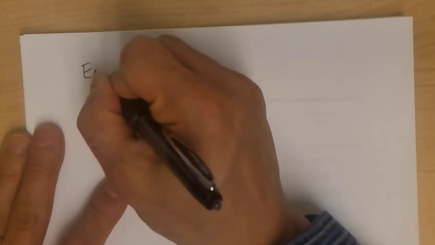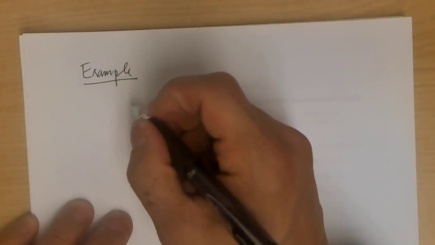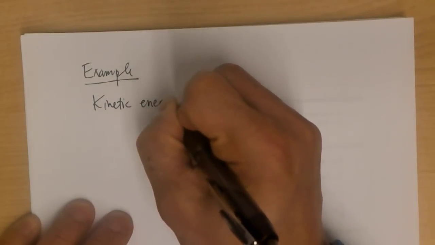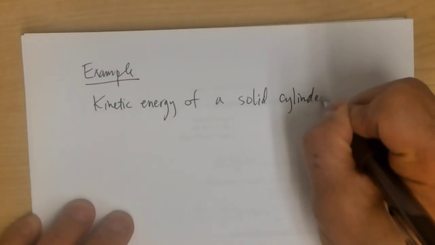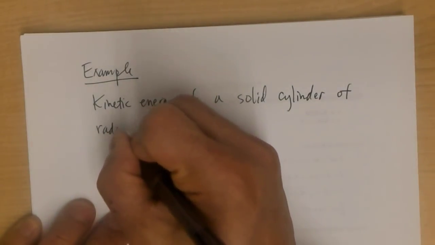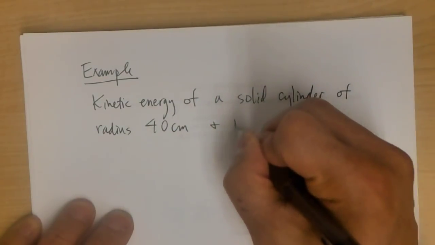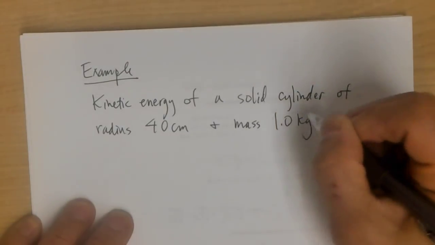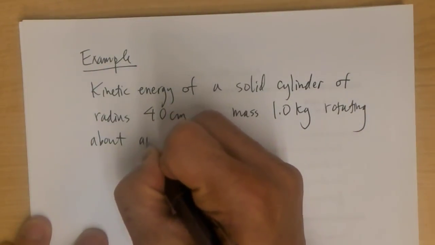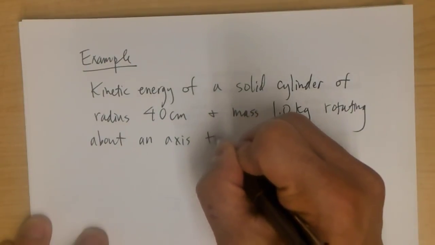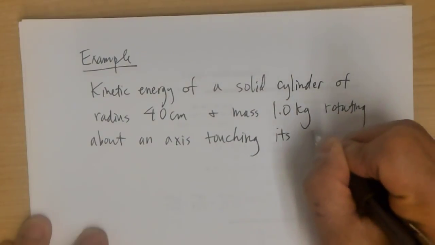Let's move on. Let's do an example. Let's find the kinetic energy of a solid cylinder of radius 40 centimeters and mass 1.0 kilograms, rotating about an axis touching its surface.